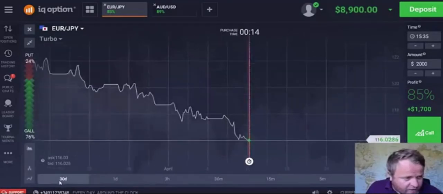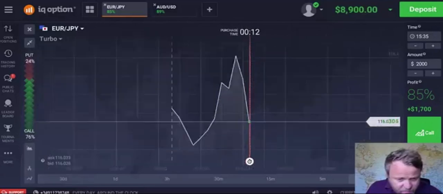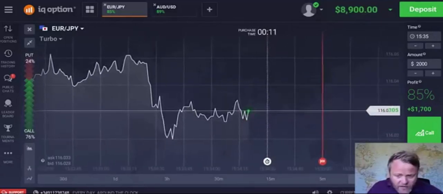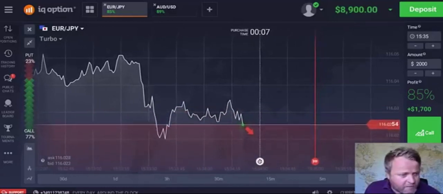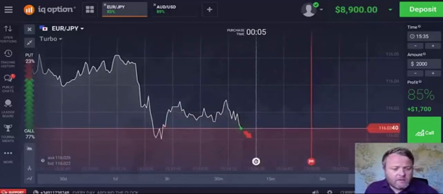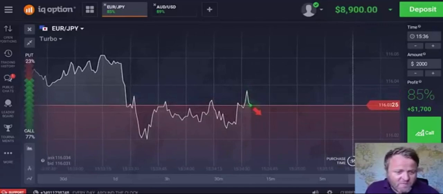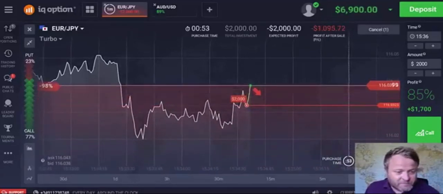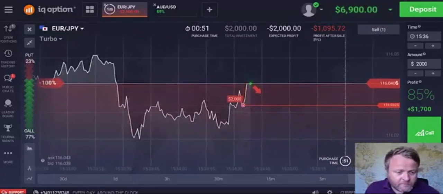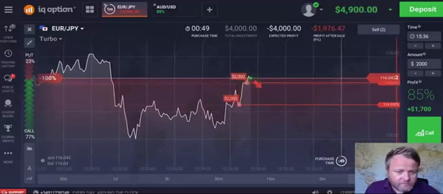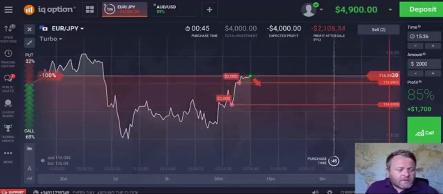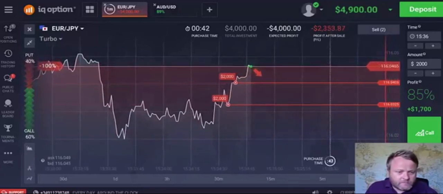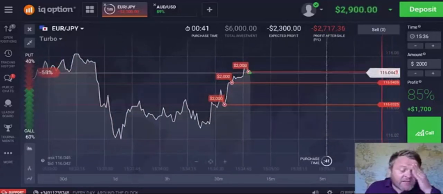Let's just check that overall direction again. Yep, still on its way down. Let's wait for a little spike and make some money. Money, make money. Bang. Oh, missed it. See, just take advantage of these spikes.